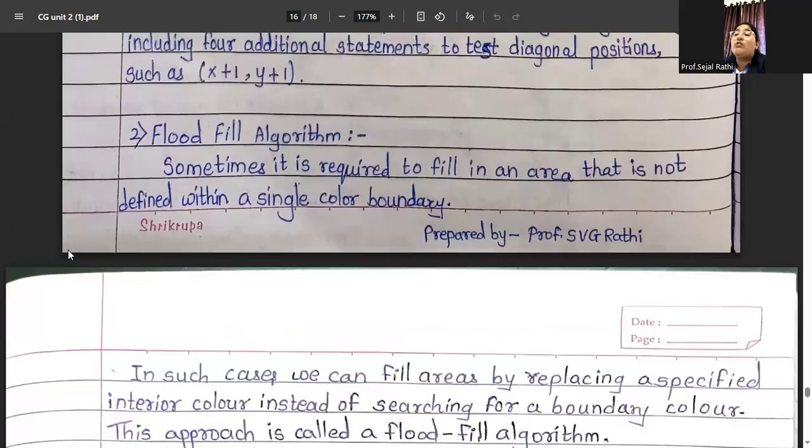आता flood fill algorithm मध्ये sometimes it is required to fill that area that is not defined within a single color boundary.